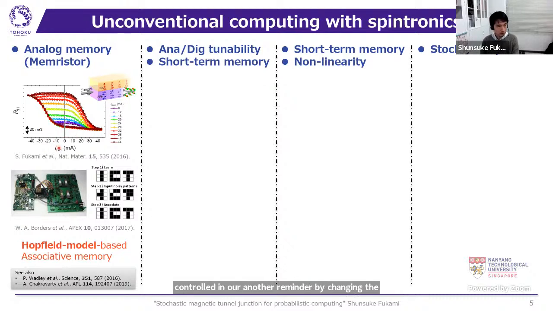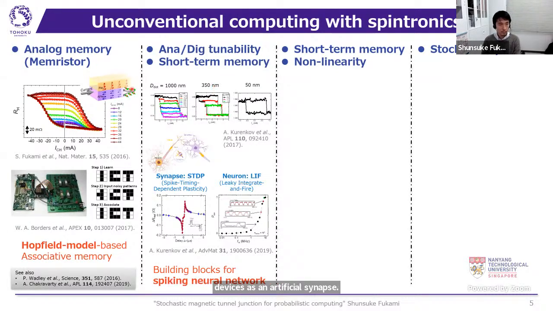After that, we constructed demonstration systems of artificial neural networks, and showed Hopfield-model-based associative memory operations using these analog spin-orbit torque devices as artificial synapses. We also found that by just changing the device size, we can realize analog and digital memories using the same material system. Then we showed the characteristic dynamical functionalities of synapses and neurons using these devices: spike-timing-dependent plasticity of the synapse and leaky-integrate-and-fire properties of the neuron. These are also promising building blocks for spiking neural networks.